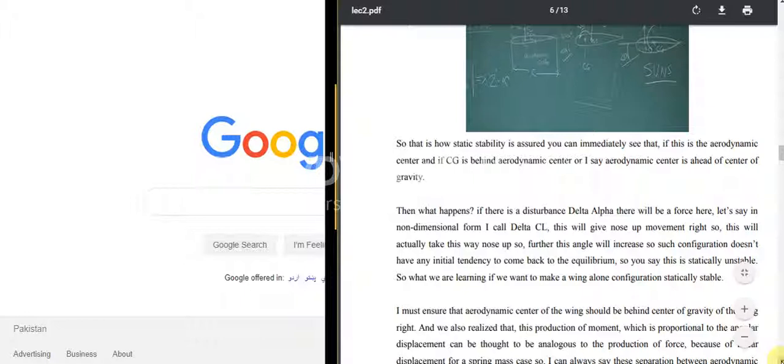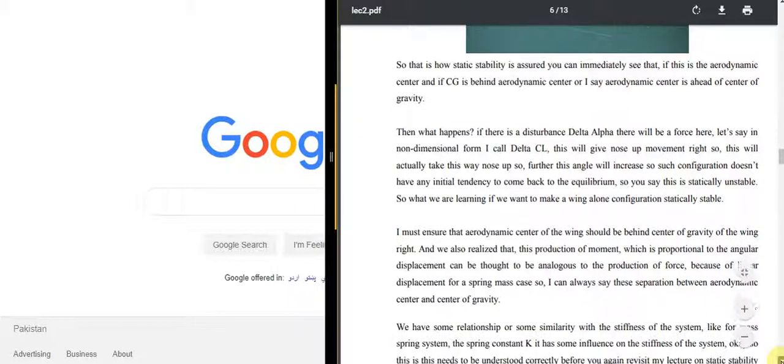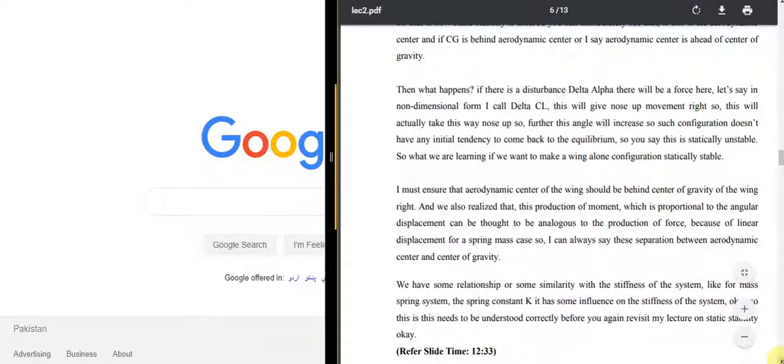So what we are learning is, if we want to make a wing alone configuration statically stable, I must ensure that the aerodynamic center of the wing should be behind the center of gravity of the wing, right? And we also realize that this production of moment, which is proportional to the angular displacement, can be thought of as analogous to the production of force because of linear displacement for a spring mass case.